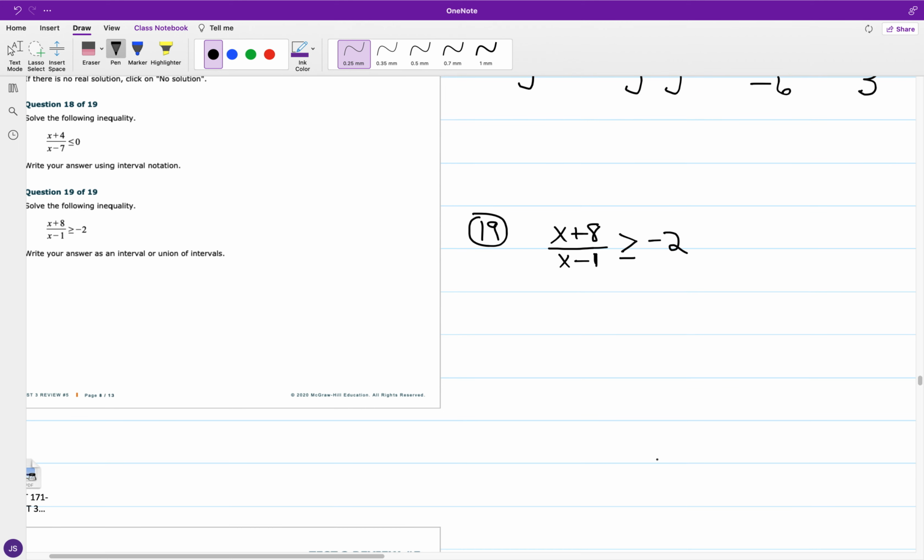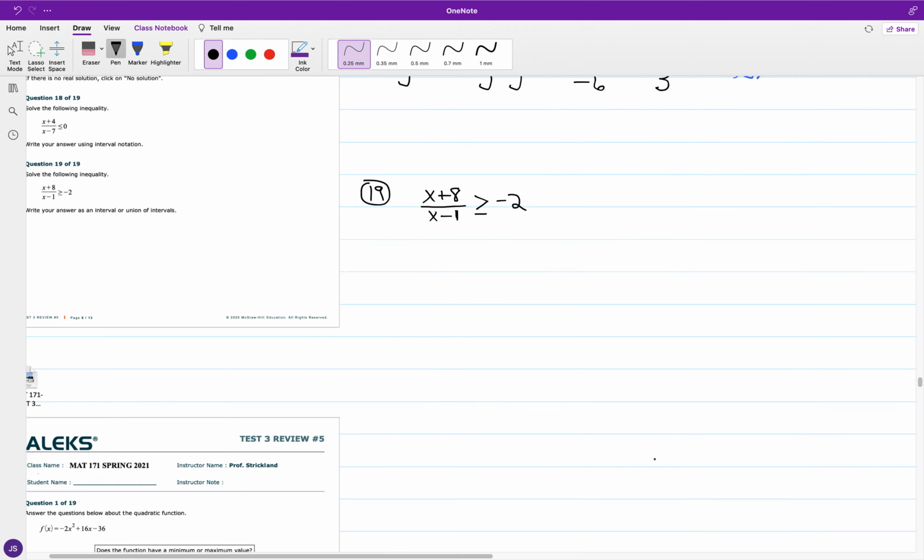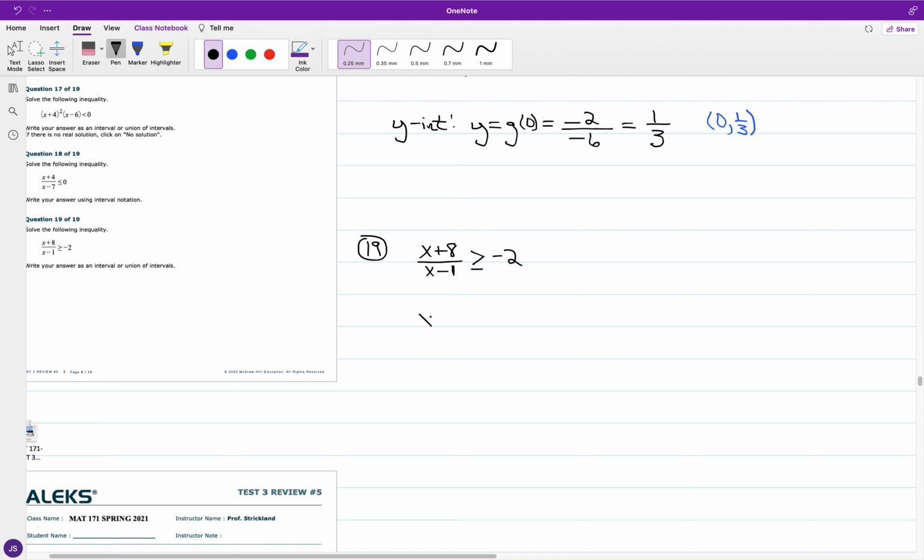And if I reset this and express it as a comparison to 0 inequality, I just shift the 2 over by adding. So I have x plus 8 over x minus 1 plus 2 is greater than or equal to 0.